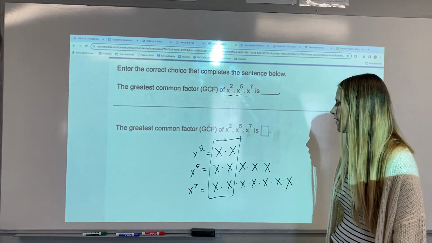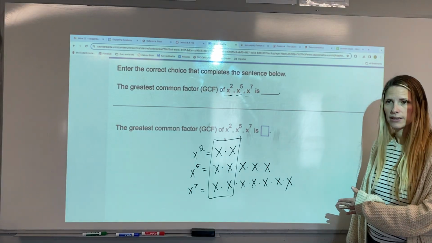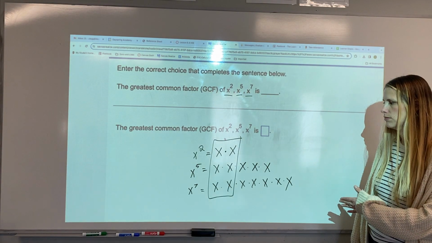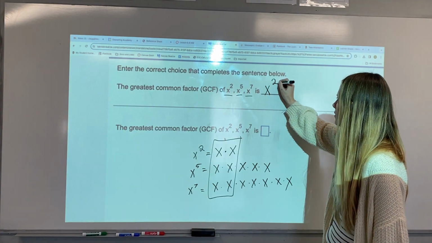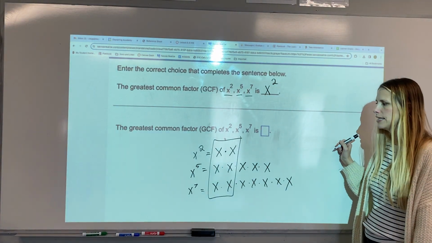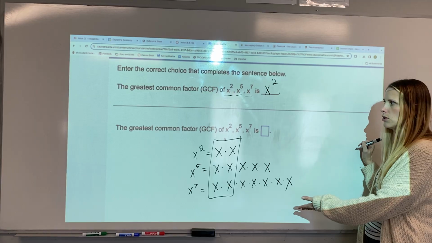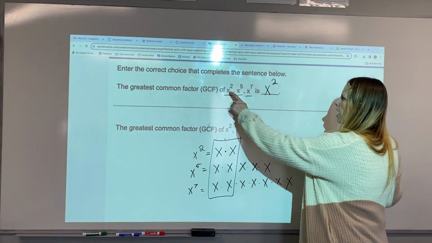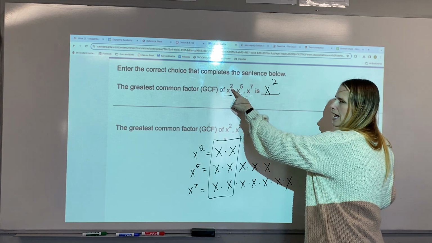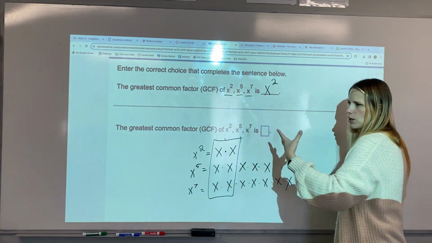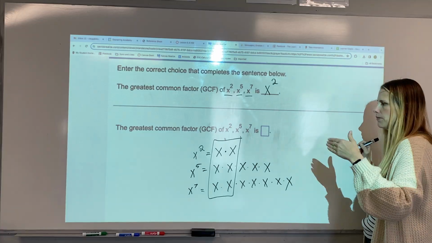They all have an x times x in common. So it'd be x to the second power. The simple trick, instead of writing it all out, you can simply say, okay, I'm looking for the greatest common factor, but what that really is is the lowest exponent, because that'll be the one that they all have in common.